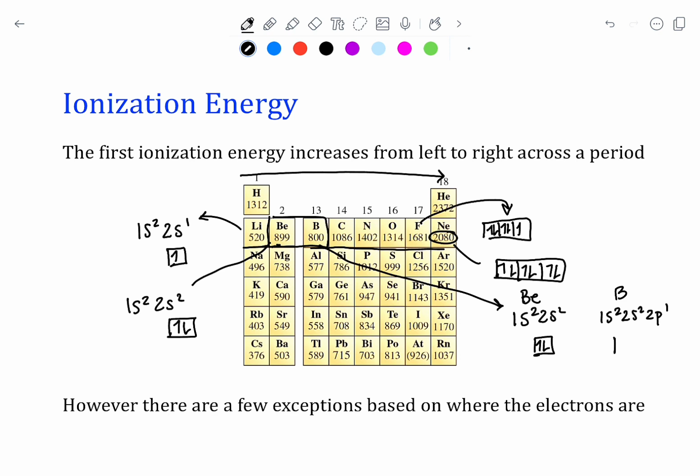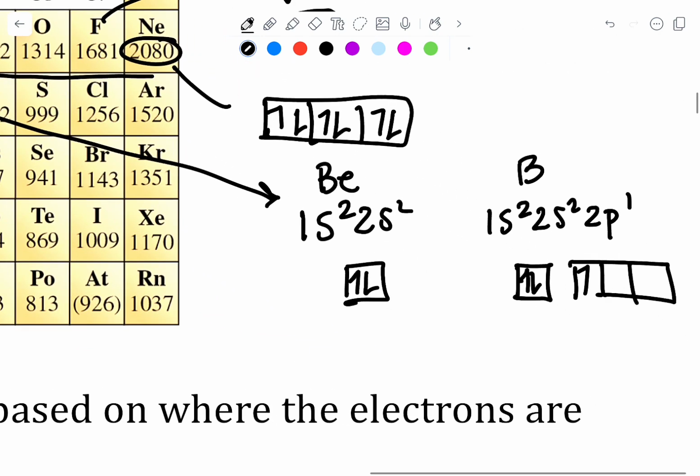So its valence shell is now a 2s and a 2p. Okay, but there's only one electron in that 2p. So this one electron here is a lot easier to remove.